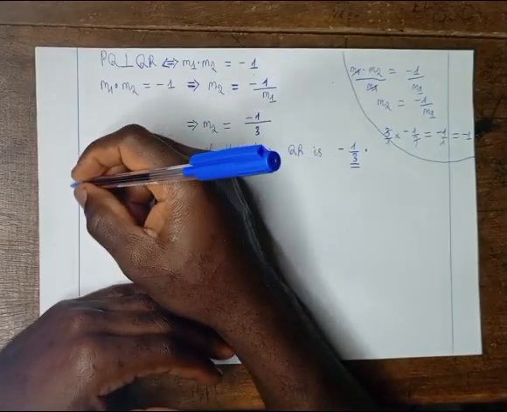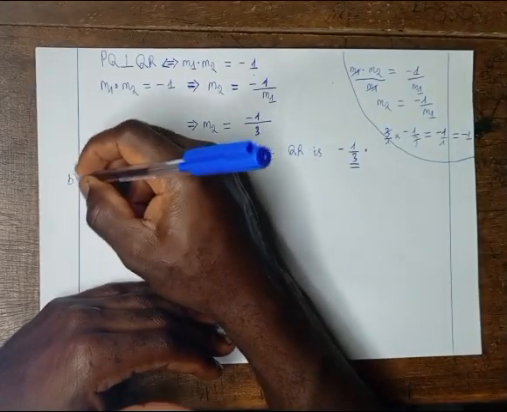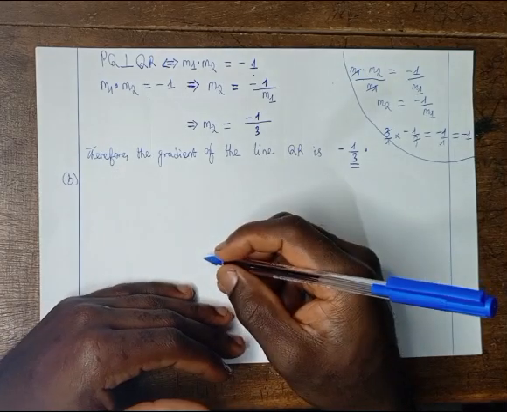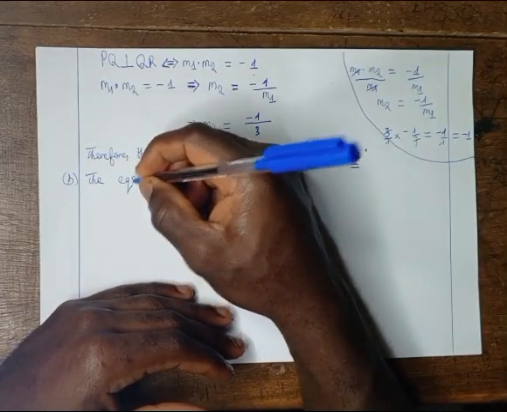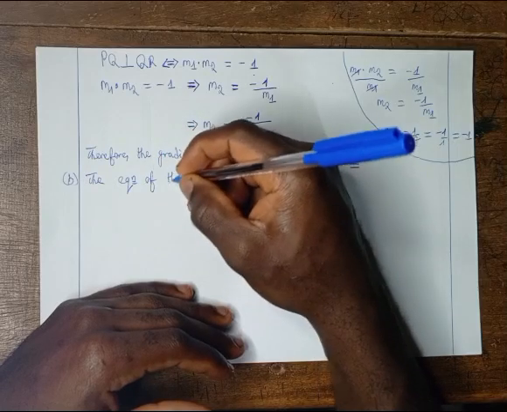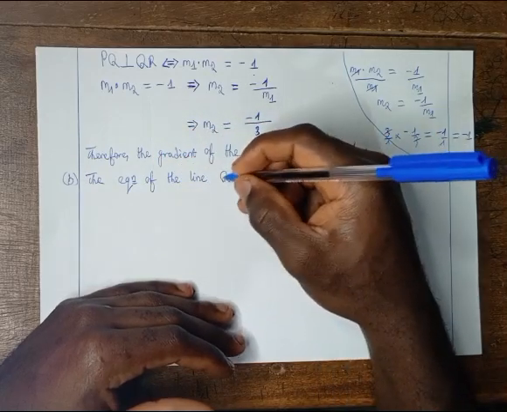Now let's go to question B. We are done with A. Question B says, find the equation of the line QR.